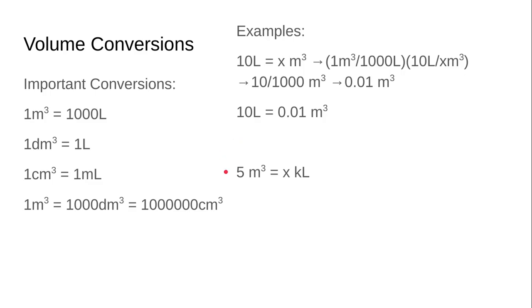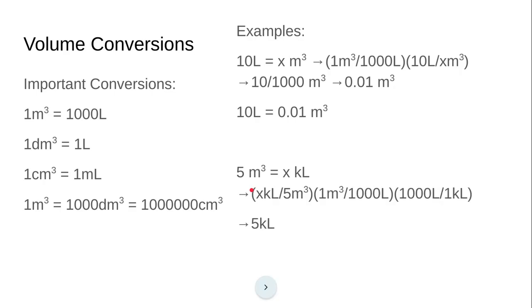This next example tasks us with finding how many kiloliters, 1,000 liters, is 5 meters cubed. So, once again, we are going to use dimensional analysis to solve this problem. We know that x kiloliters equals 5 meters cubed, and we then multiply it by 1,000 liters per 1 meter cubed, as we know.